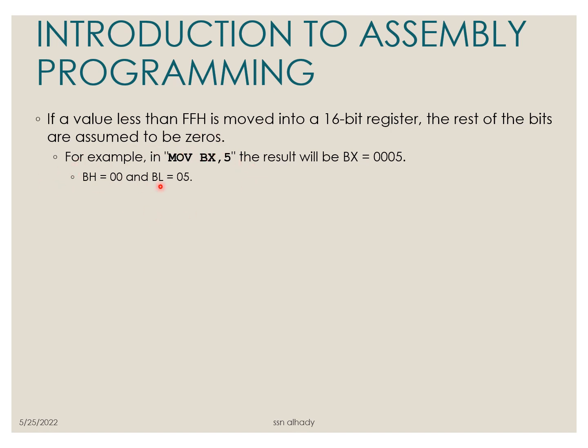For example, if you move 5 into BX, the result will be 0005. The rest of it is 0. So BH, the higher 8 bits, will be 0, and the lower 8 bits will be 5.